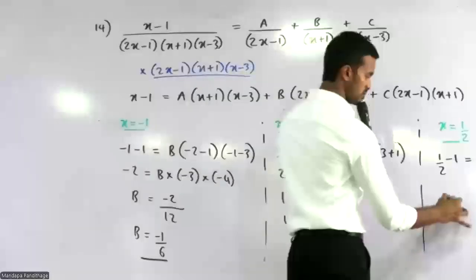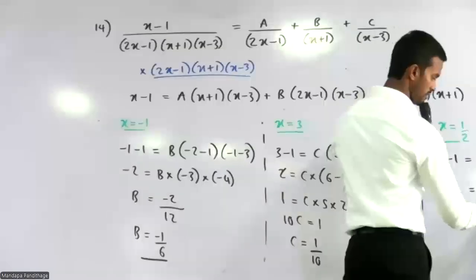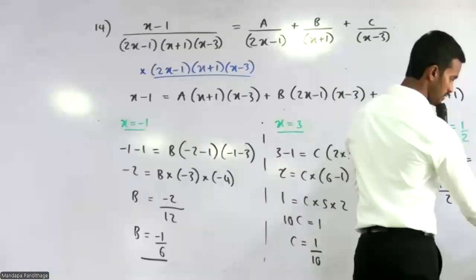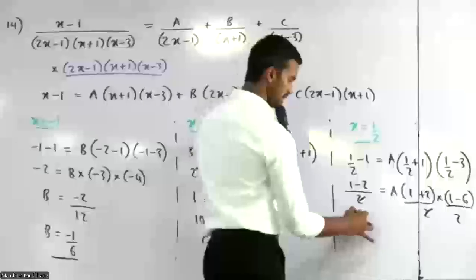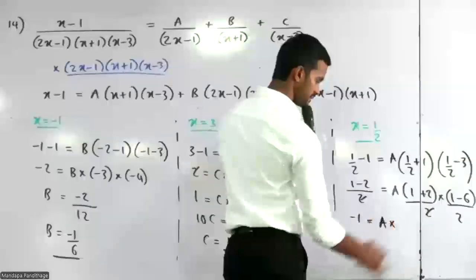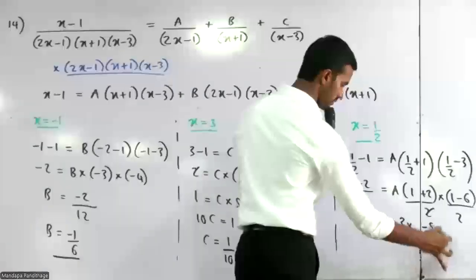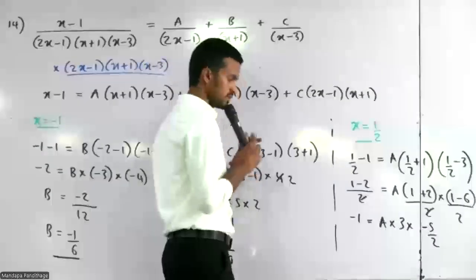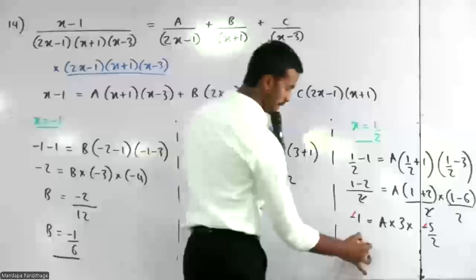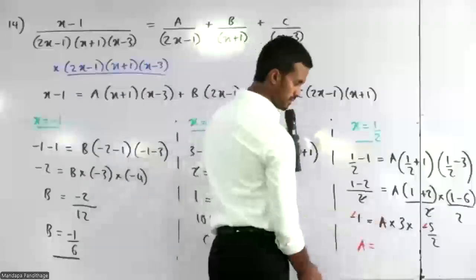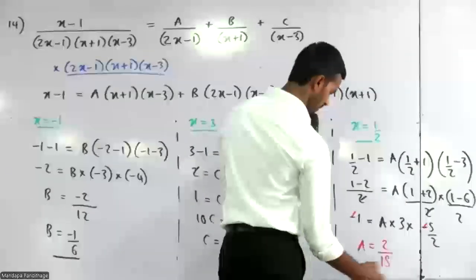So take 2 as the common denominator. It's 1 minus 2, here again 2 as the common denominator, 1 plus 2, again 1 minus 6. So the 2s cancel off. It's minus 1 is equal to A into 3 into minus 5 over 2. When you simplify this, minus and minus cancel off, and I'm getting A is equal to 2 over 15.